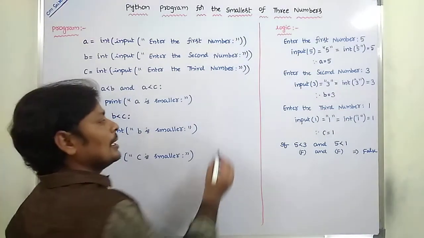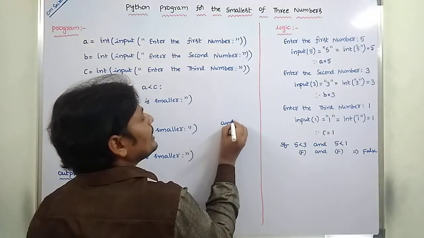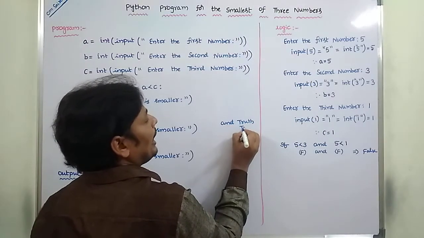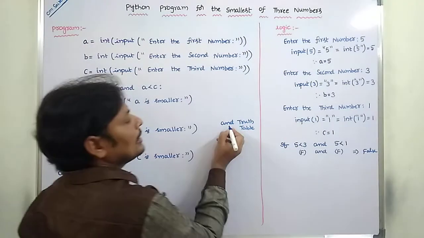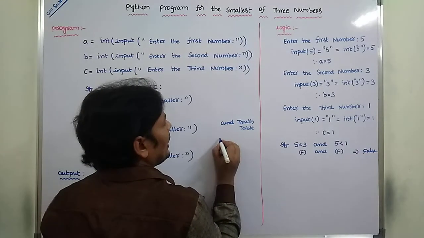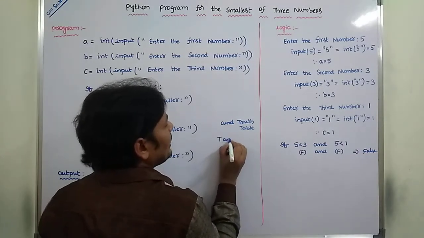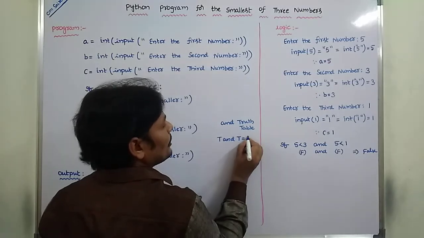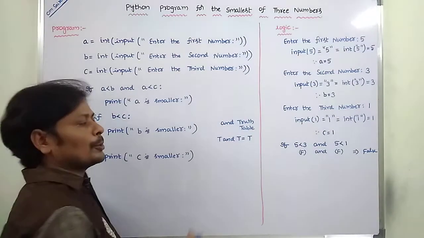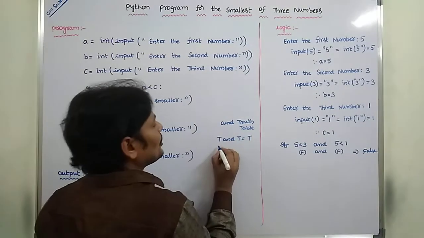So I am writing the AND truth table. It is the logical AND, not bitwise. In the logical AND, true and true, both expressions are true, so the result is true.